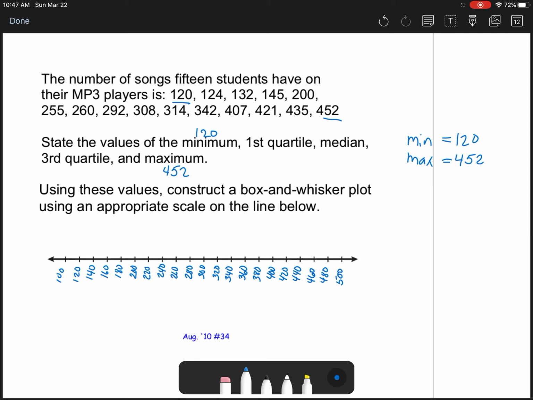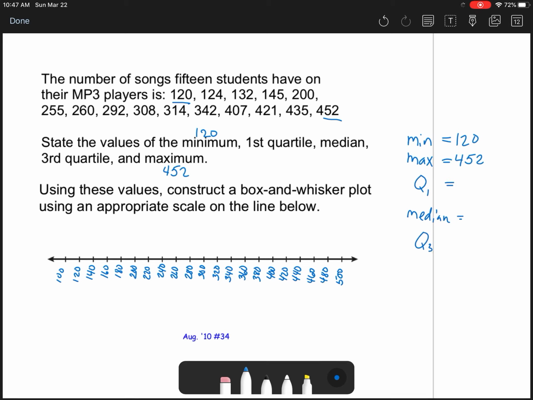So when we create our box and whisker and we're creating our scale, we have a large spread of numbers that we have to make sure that we include. So the best way to do this would be go in units of 20. Okay, next thing we need to do is find Q1, find the median.